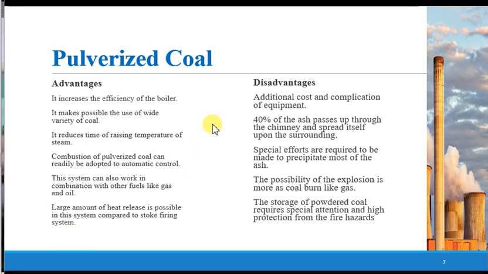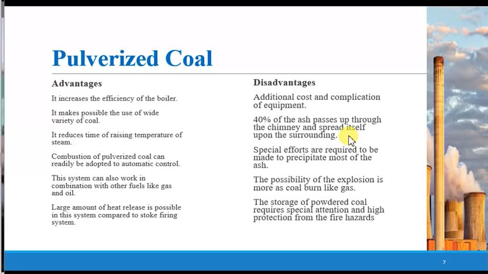Similarly, when there are some advantages, definitely there are some disadvantages of this system. There is the additional cost and complication of the equipment. I will show it with some clip in this lecture, so that you can imagine the cost and complexity of the system. 40% of the ash passes up through the chimney and spreads itself upon the surroundings, which is very dangerous for the environment.